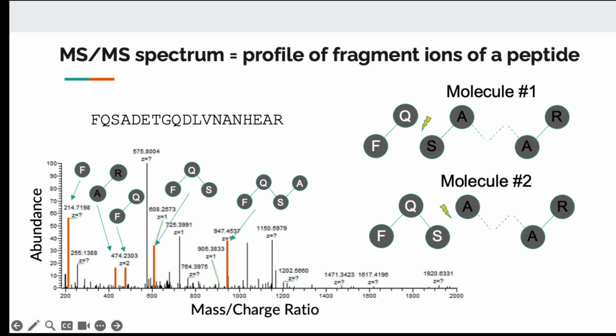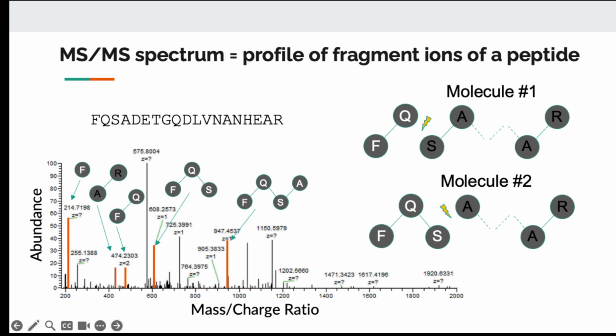Just to show you how the products from the fragmentation correlate to the spectrum, let's say we have this peptide, FQSADET. Let's say we accelerate this peptide. There are many molecules of this peptide, and they will run into nitrogen gas.